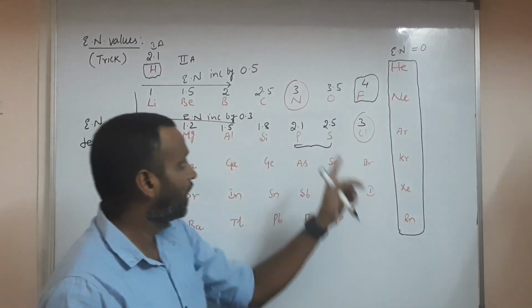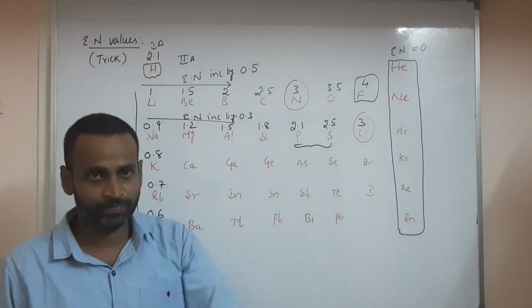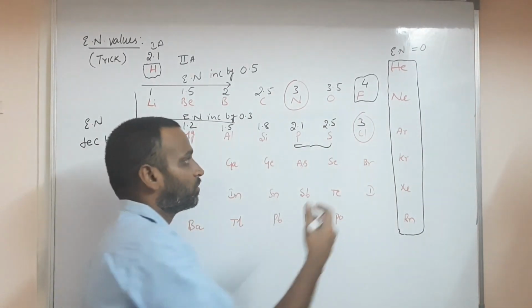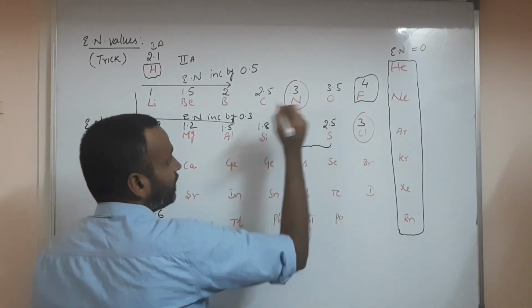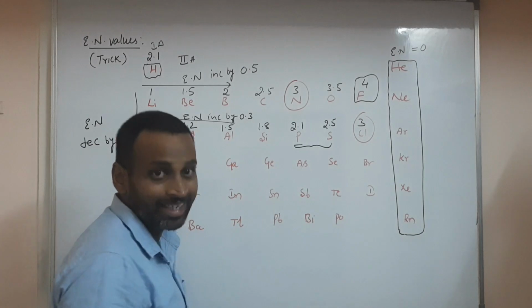How to remember? Chlorine is somewhat more electronegative than nitrogen. Nitrogen is 3 and chlorine is about 3.02.